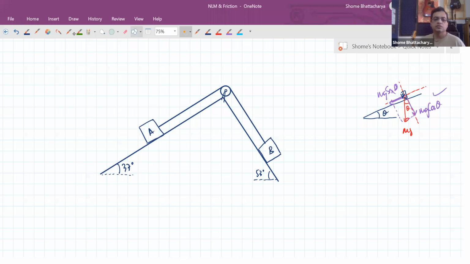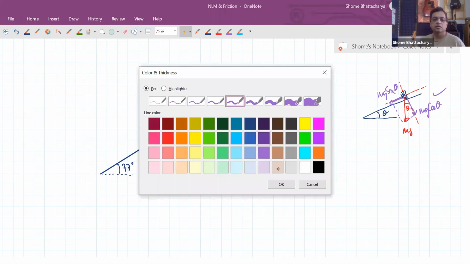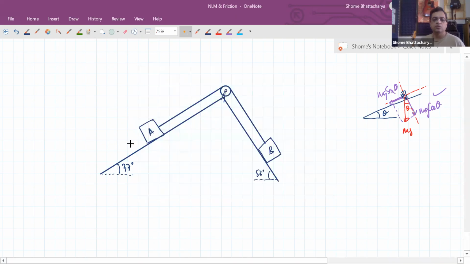So here, if we see, this component will become the sine component. And remember, the mass of A was given to us as 60 kg. So this will become 36g.